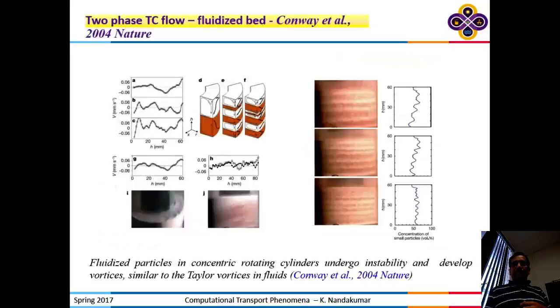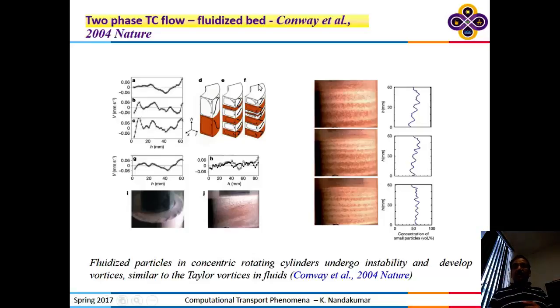This was a Nature paper, and what they did was put sand in air. I guess not a slurry, but sand in air. And what they do is they fluidize the bed, that is, they inject air from the bottom, and then they rotate the inner cylinder. Okay? So you can imagine, by looking at these, your imagination is the only limit in terms of coming up with experimental devices for your PhD thesis or whatever.